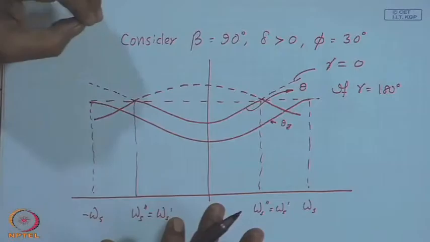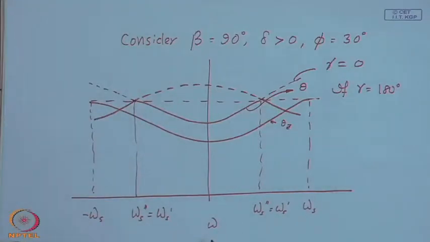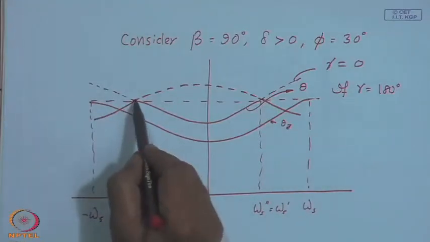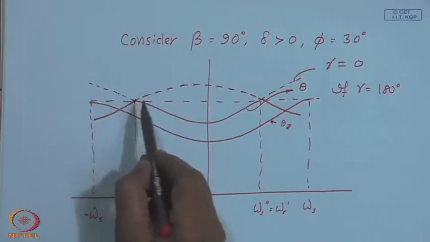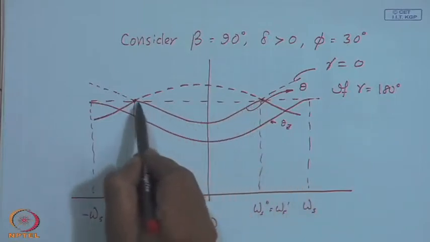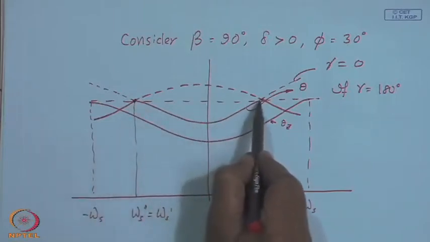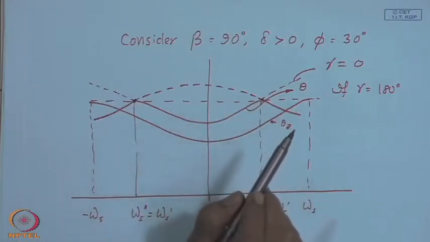But you do not know which is sunrise or sunset as far as the surface is concerned. If you want to have a real inside idea, you plot it in detail, this theta versus omega, and you will find up to omega s double dashed, the value of theta is less than pi by 2, and from this value to this value, the surface facing south does not receive radiation, and the remaining time it will receive.